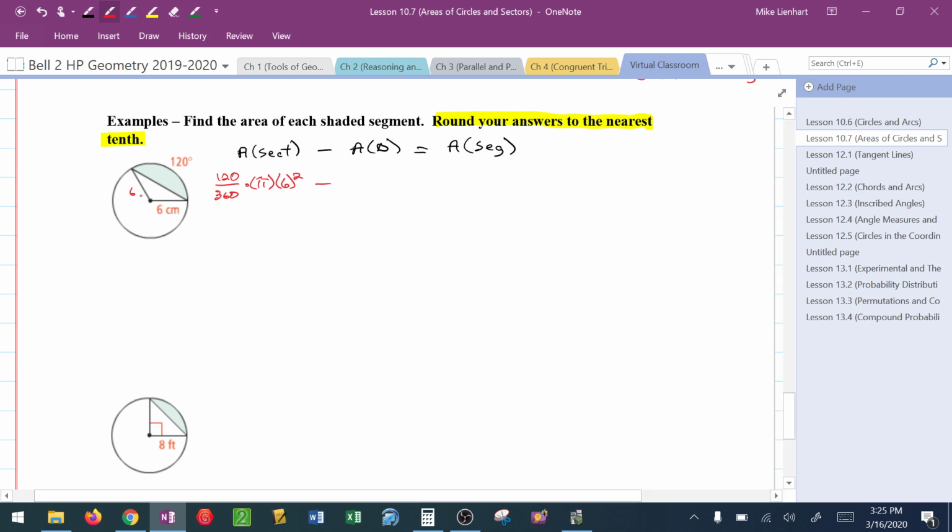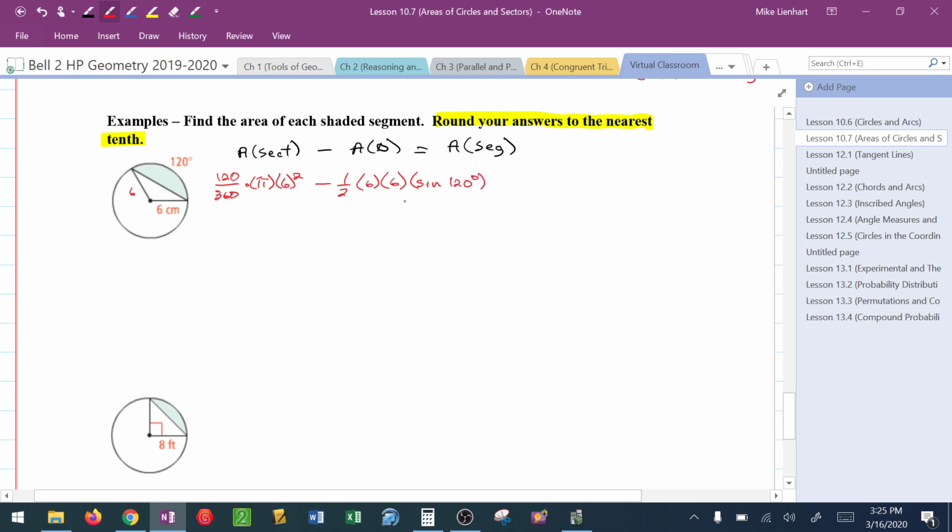All right, so I could do this special formula that involves trig. And here we go. I've got 1/2 times the side of the triangle, 6, times the other side of the triangle, 6, times the sine of the included angle. So if that arc's 120, remember that angle is 120.